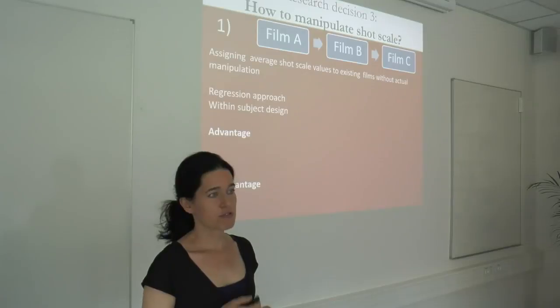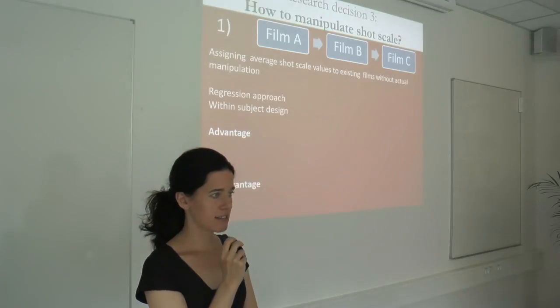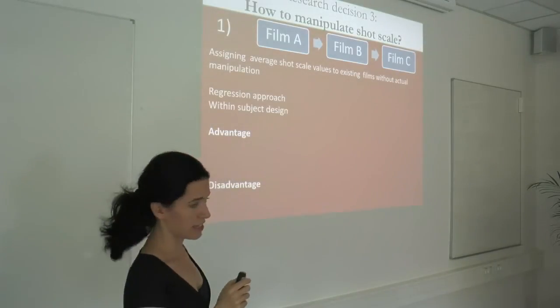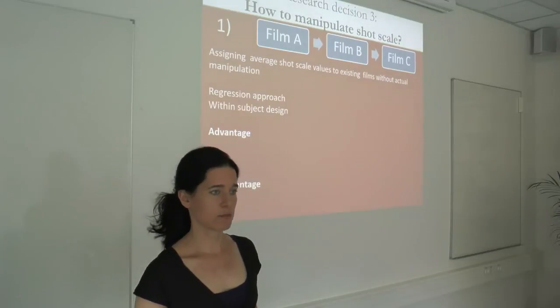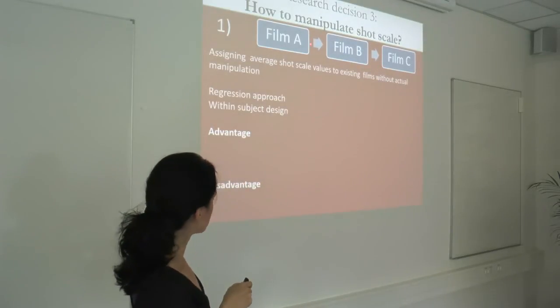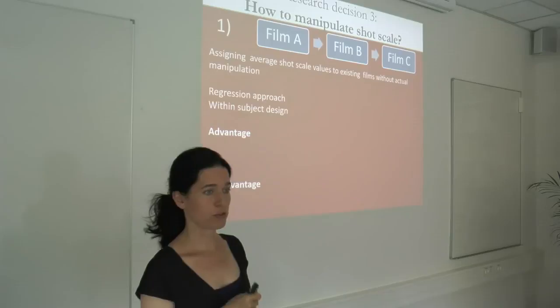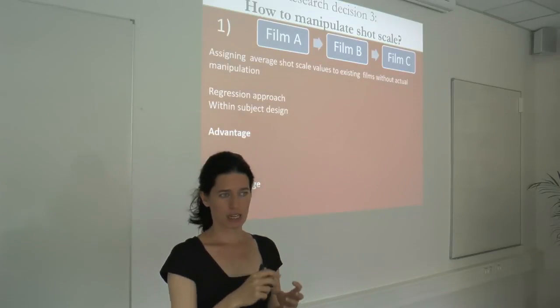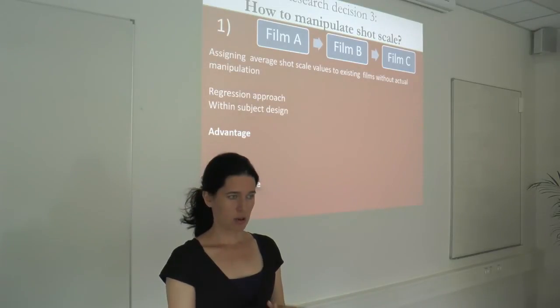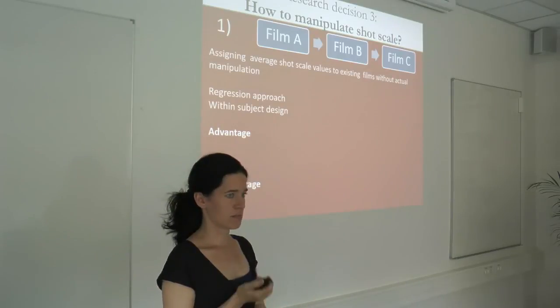In this case, you use a regression approach, and most of the time a within subject design, which means that every participant will watch all the movies, and after every movie you measure theory of mind. What do you think is the advantage of this method?